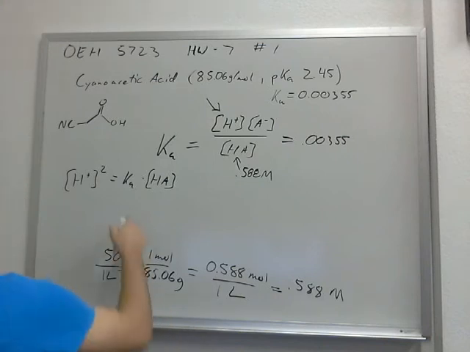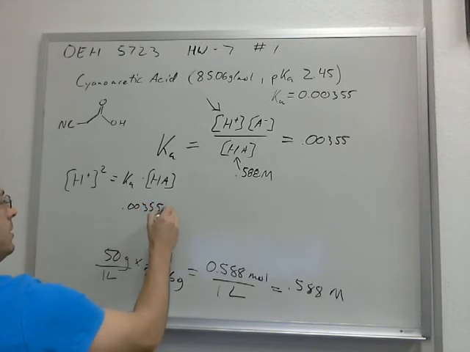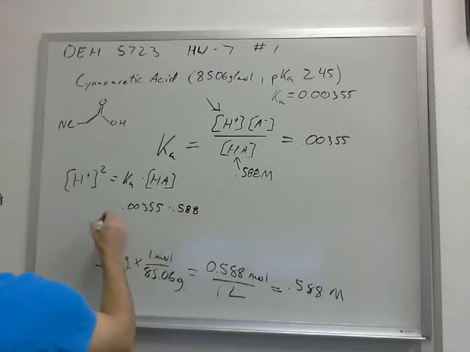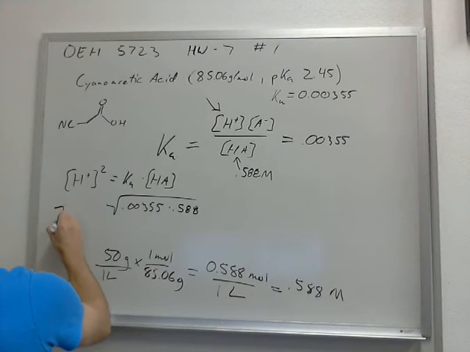Right? We are given this value, we're given that value, 0.00355 times 0.588, and then we want to take the square root so that we get rid of our square.